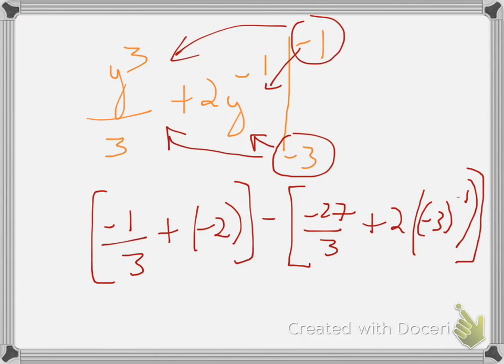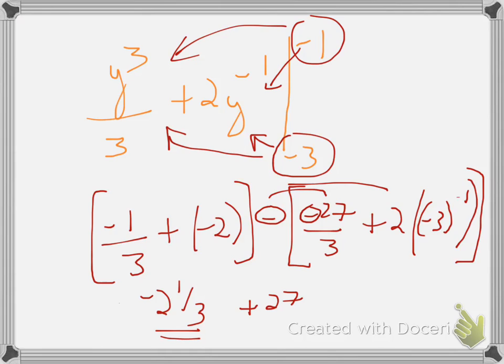On this side of the scope, you get -1/3 plus -2, which is -7/3. And over here, negative times a negative is definitely a positive. You can almost think of that as distributing the negative. So we have plus 27/3.